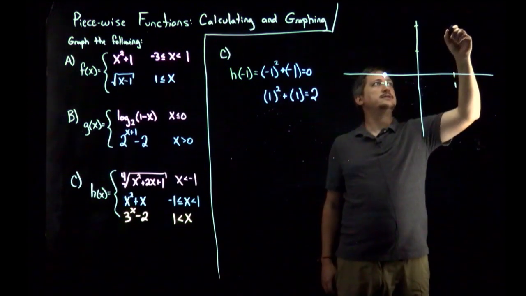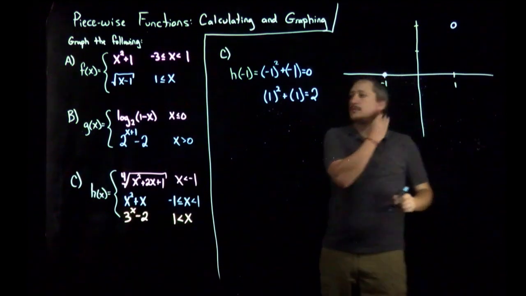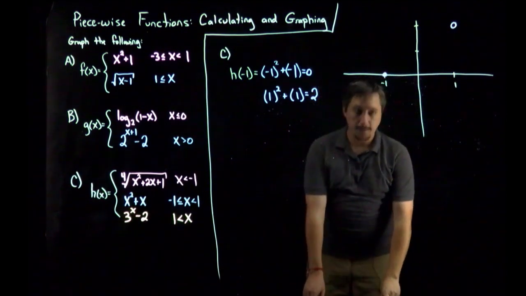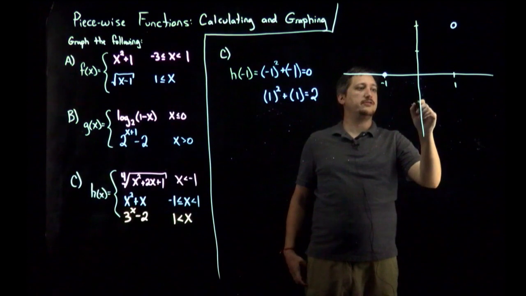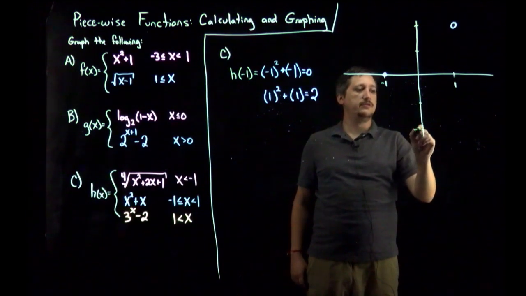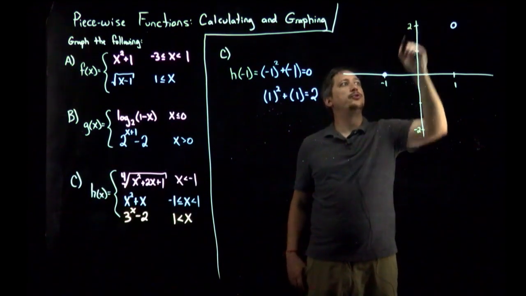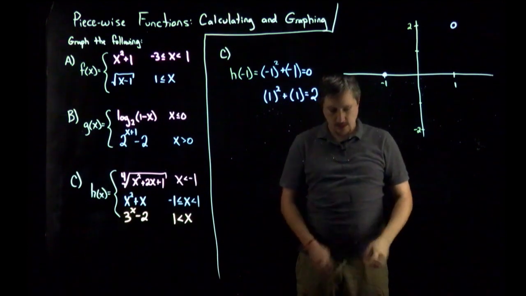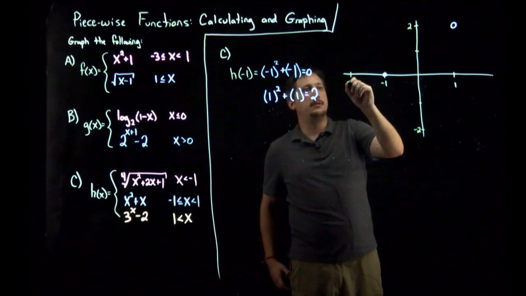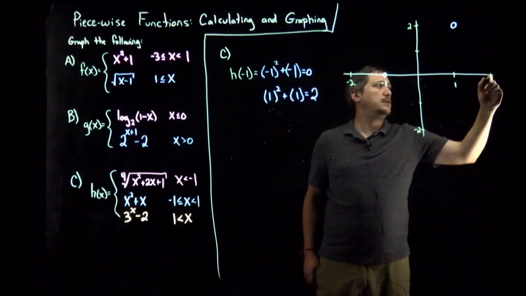And again, to be clear, it's going to be an open circle. And let's do 1, so negative 2, 2. And actually, while I'm at it, negative 2 and 2.